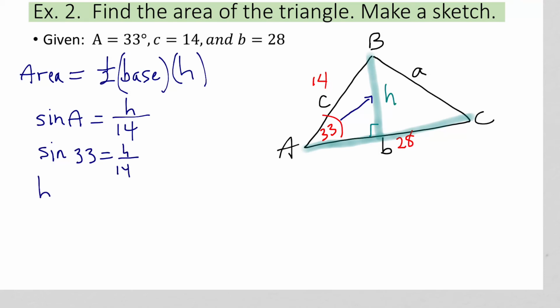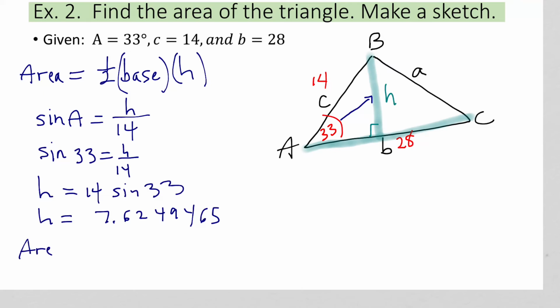So that means H is equal to 14 sine of 33. If I type that into my calculator, I get H is equal to 7.6, keeping all those digits. All right, so now I'm ready to go ahead and do my area calculation. So my area is going to equal 1/2 times my base, which is 28, times my height, which is that 7.6 number.